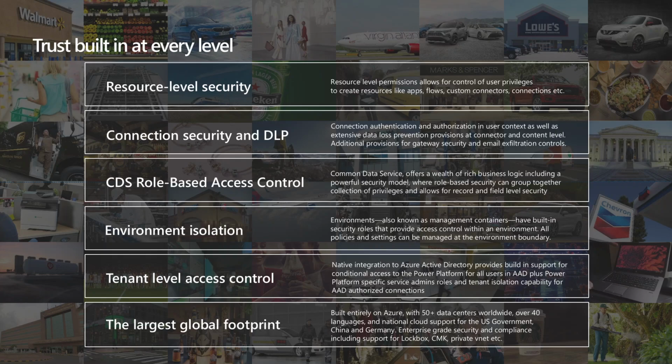So you have this resource level security, which is user privileges to create the resources like apps, flows, that kind of thing. Then you have, and the resource level security also includes access to individual apps themselves.